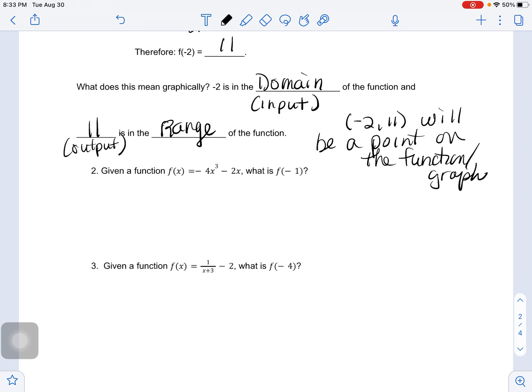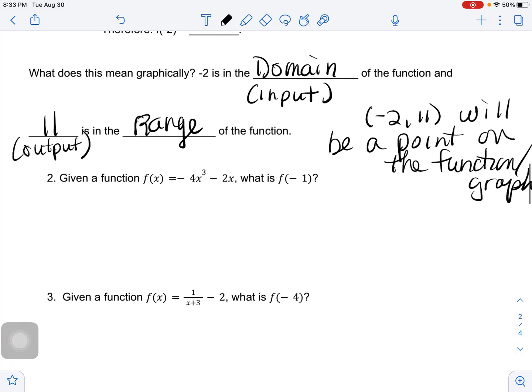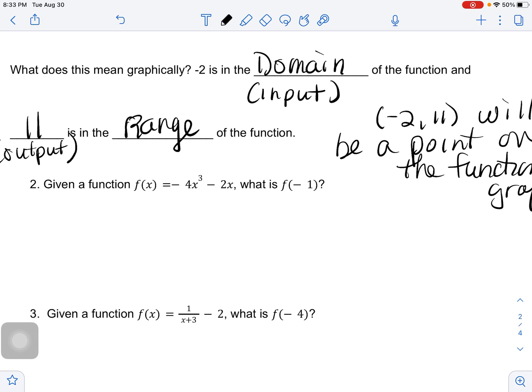Given f of x equals -4x cubed, let's zoom into that. That's supposed to be a negative in front of that there. So -4x cubed minus 2x, what is f of -1? So f of -1 means wherever I see x, so here and here, I'm going to replace it with -1. Something to keep in mind.